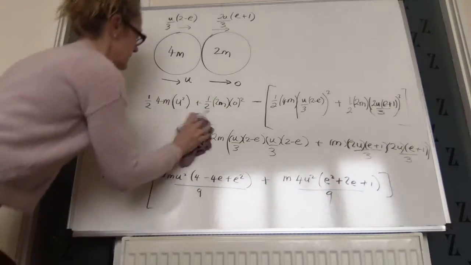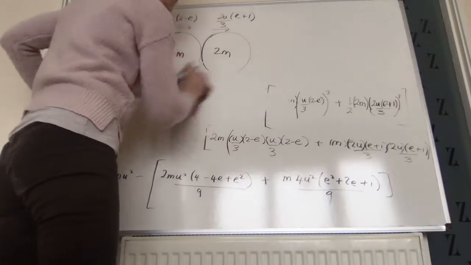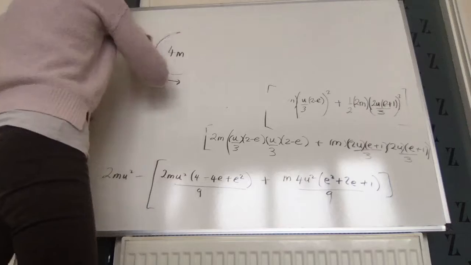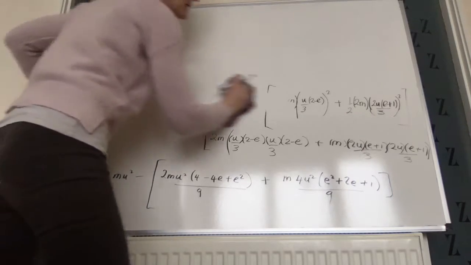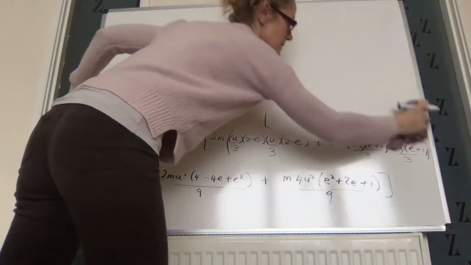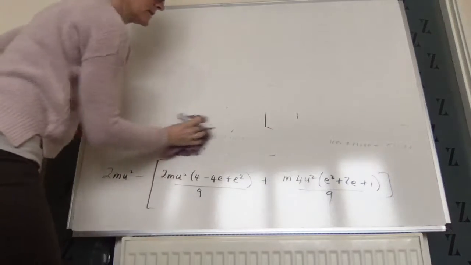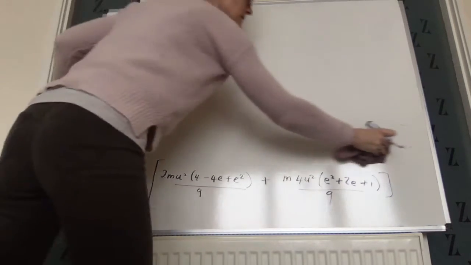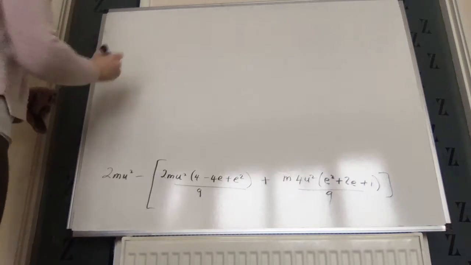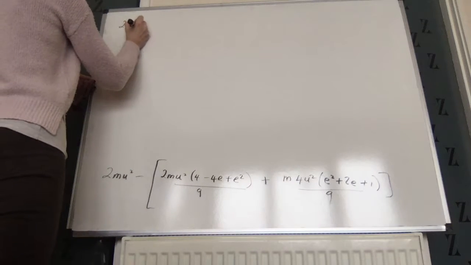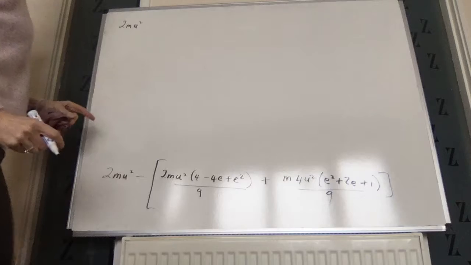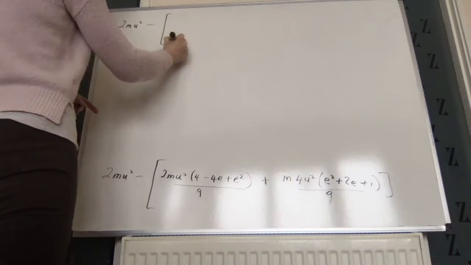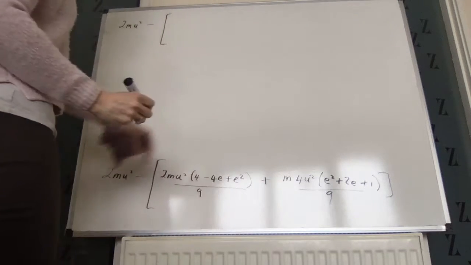Now we have 2mu squared minus. They're both over 9, so we can multiply everything out.